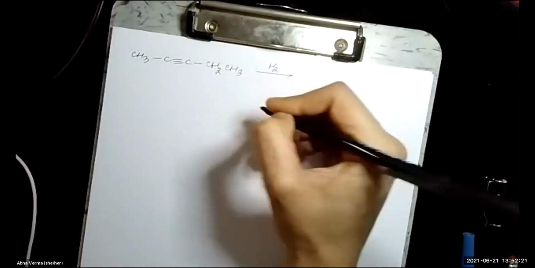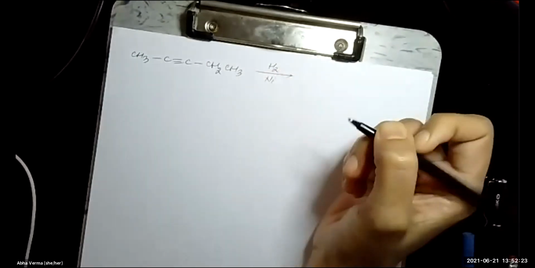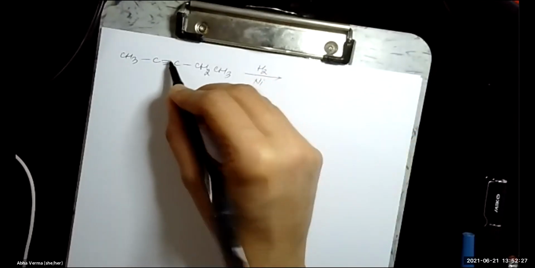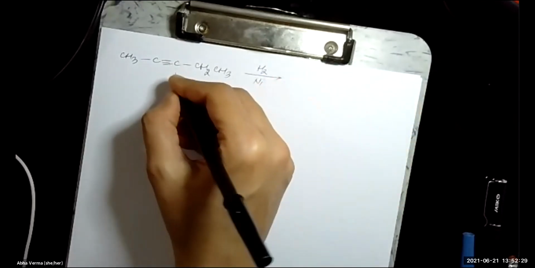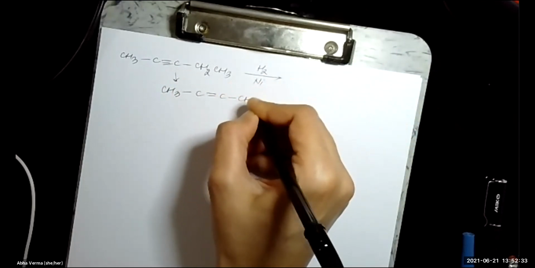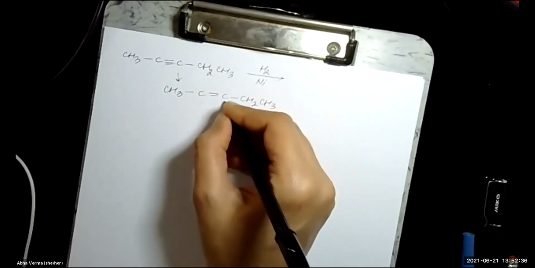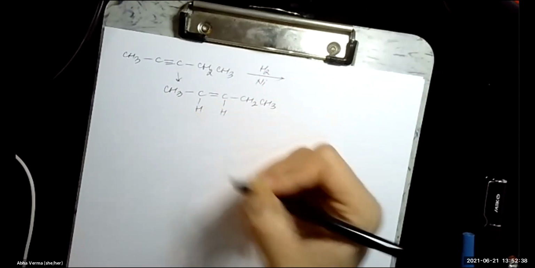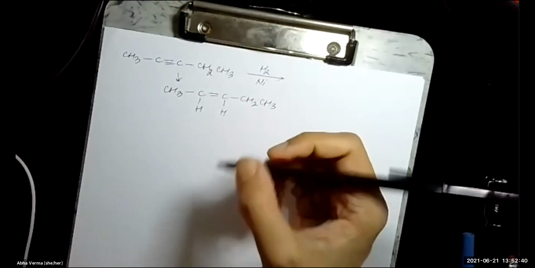If I use hydrogen with nickel, I'm going to completely hydrogenate. So first, this intermediate will form. What kind of addition do I see with the catalyst? Syn addition.